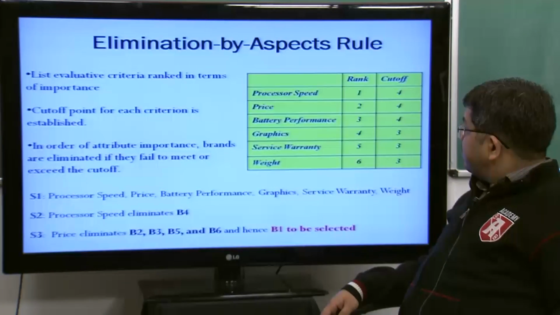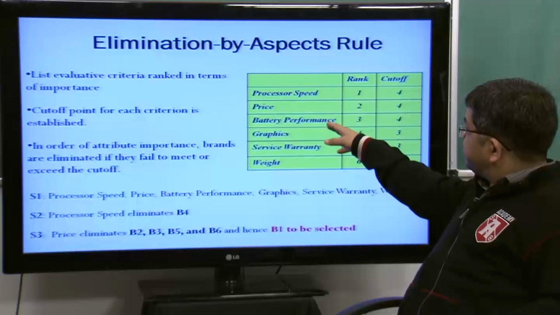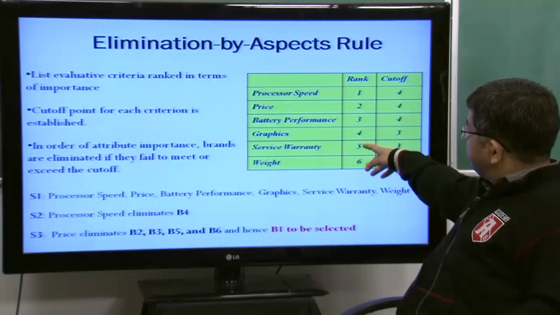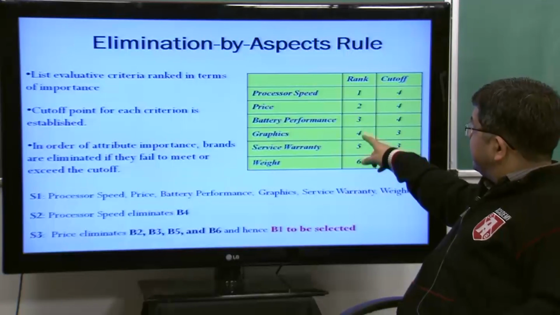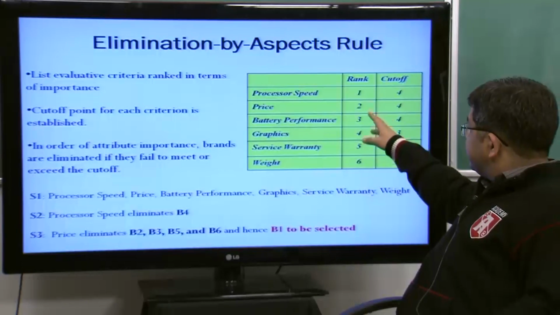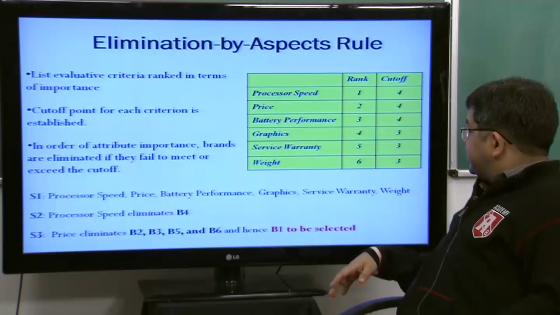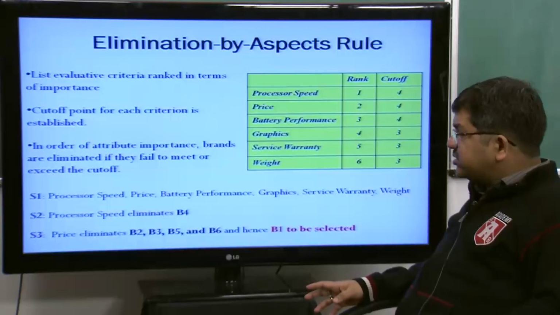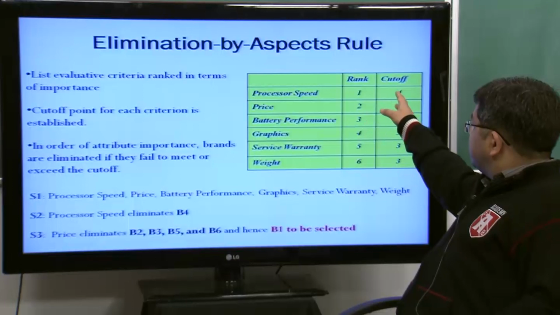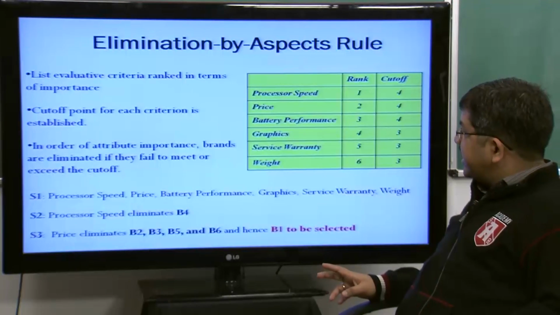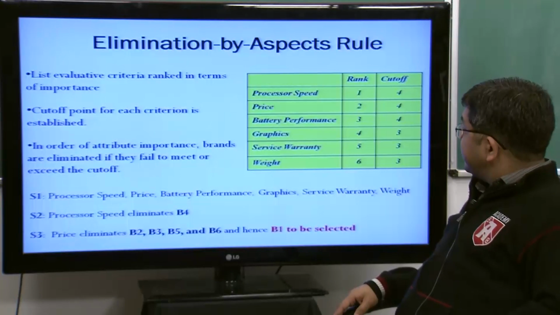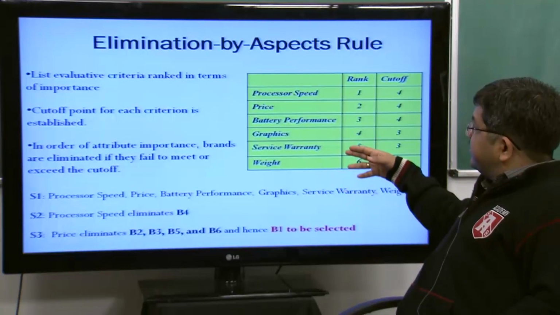Now, first, in the elimination by aspect rule, the consumer puts the attributes in an importance ranking. Once he has done that, he will also decide in the next step the cutoff value for those criteria. Once he has done that, he will start eliminating the brands.